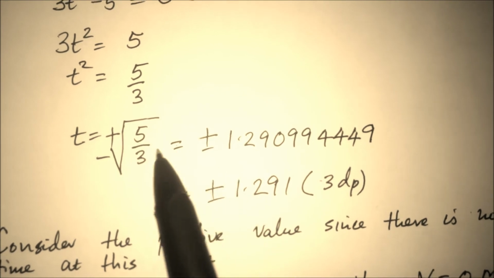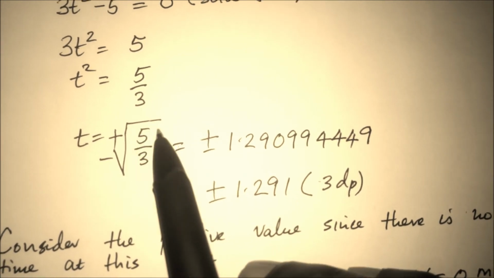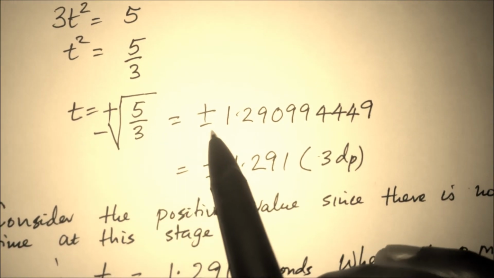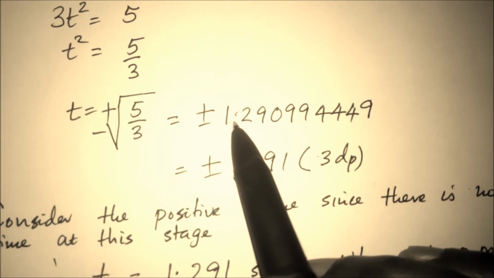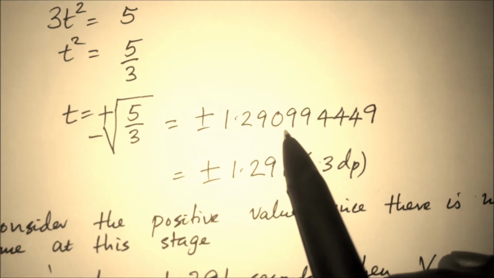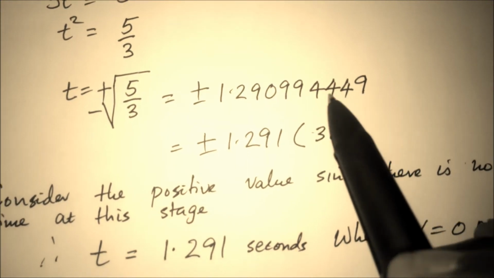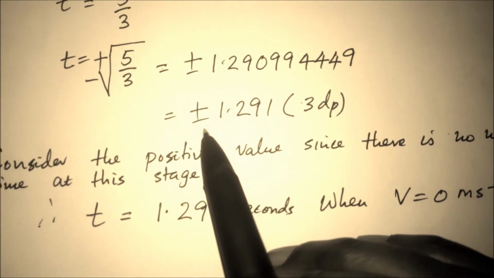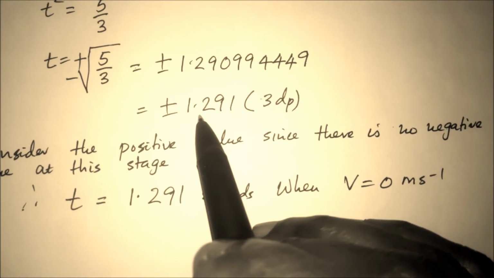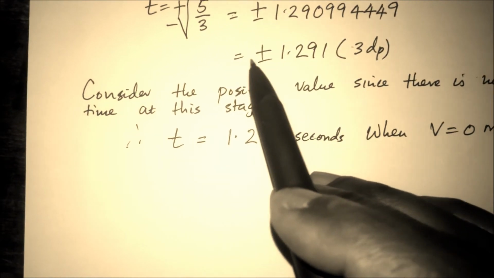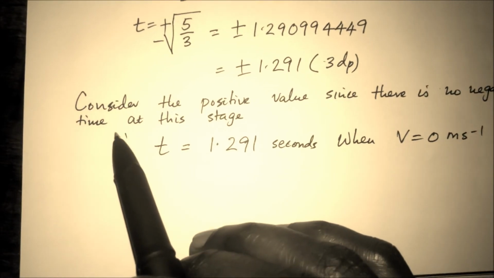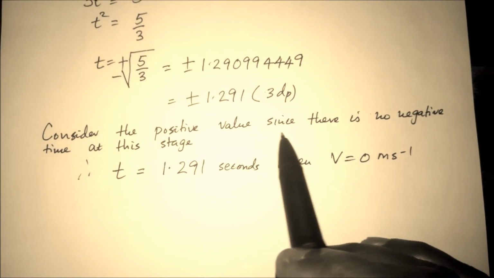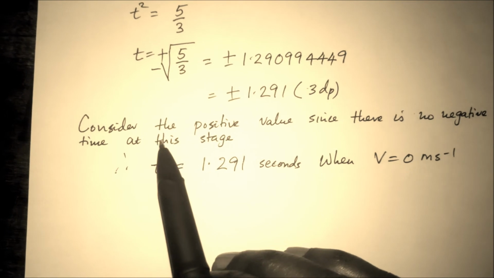And here, if you evaluate that with your calculator, because we are not limited, then the square root becomes plus or minus 1.290994449 and so on. So if you round it off to 3 decimal places, we have plus or minus 1.291. Now, we consider the positive value since there is no negative value of time at this stage.